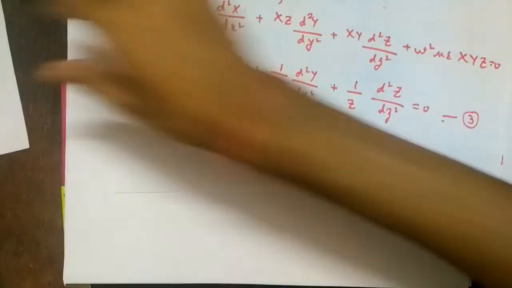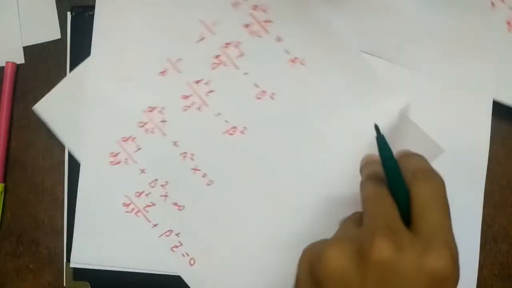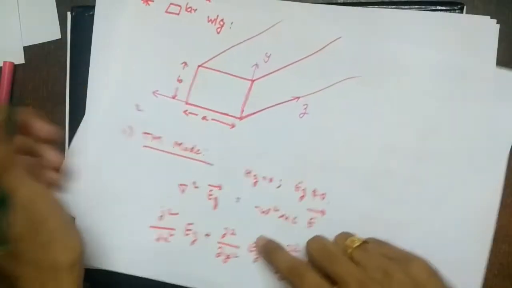So what are the boundary conditions? We know that the tangential component of the electric field is continuous at the boundary, that is ET1 equal to ET2. And what are the boundaries? These are the boundaries.